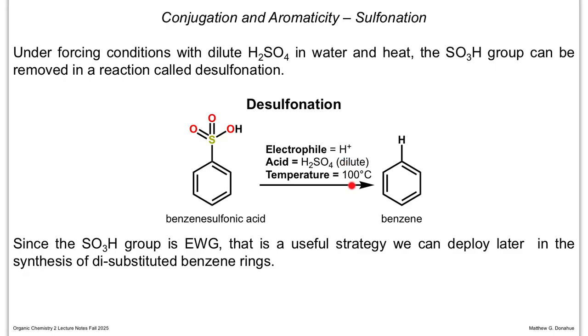And then we basically heat the crap out of it. So 100 degrees in the lab, like 100 degrees Celsius, that's hot. You're at the kind of verge of the safety limit, especially with acids. So we're cooking this up, and then we're basically removing that SO3H and then just replacing it back with the proton.